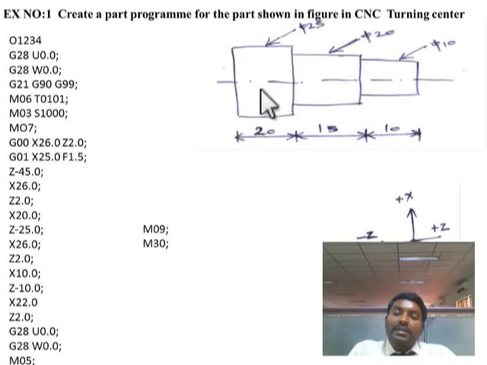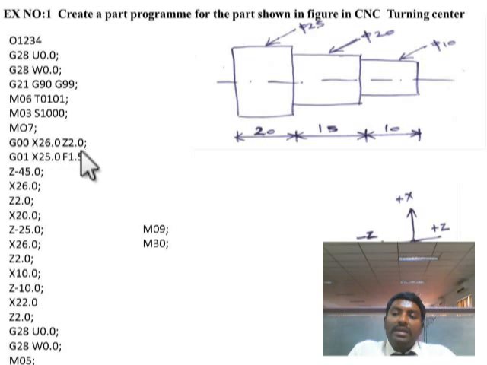Here X is the axis which, as I have told previously, in a CNC turning center is perpendicular to the workpiece axis. This is the workpiece axis. So usually it is used to give a depth of cut. So always we have to give the diameter value in the X position.